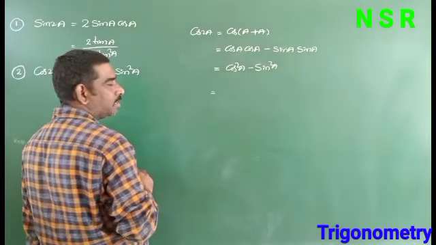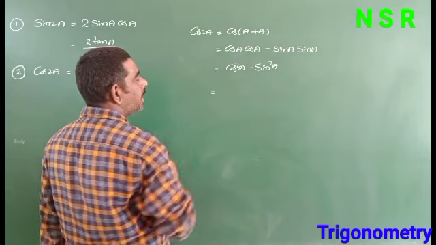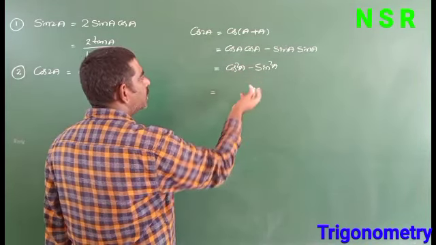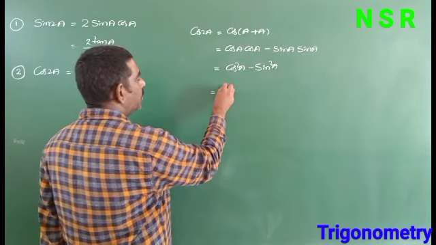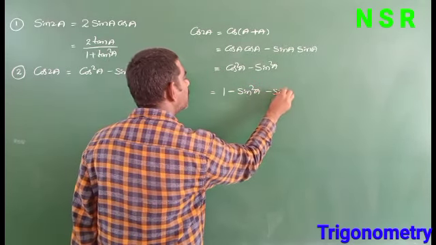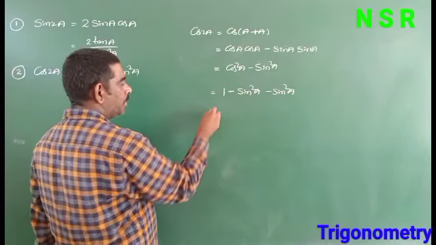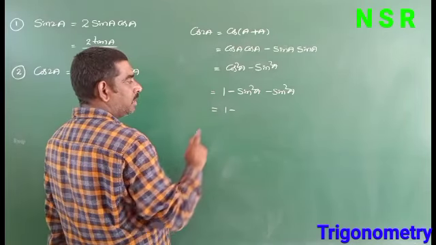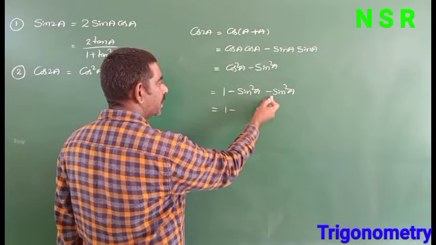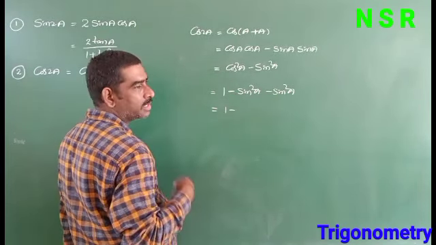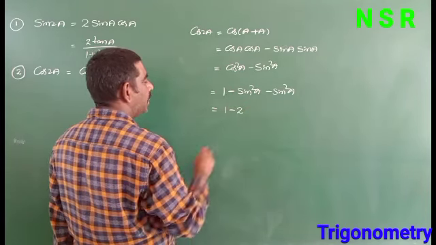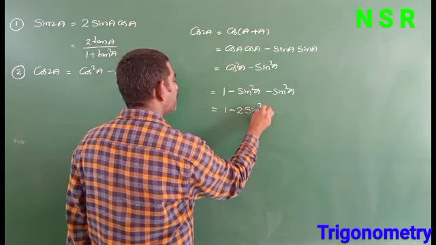So in cos square a minus sin square a, in place of cos square a, write 1 minus sin square a. Why write 1 minus sin square a here? So that the total changes in terms of sin. In place of cos square a, write 1 minus sin square a, and minus, again we have another sin square a. So we get 1 minus sin square a minus sin square a, which is minus 2 sin square a.